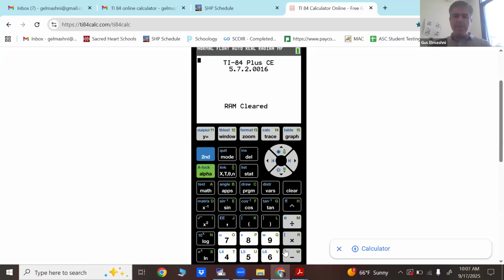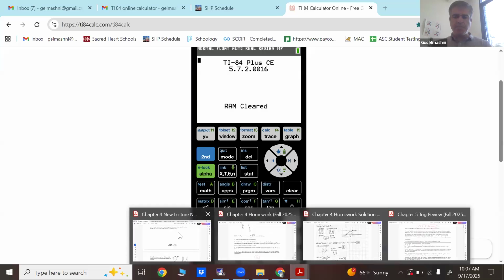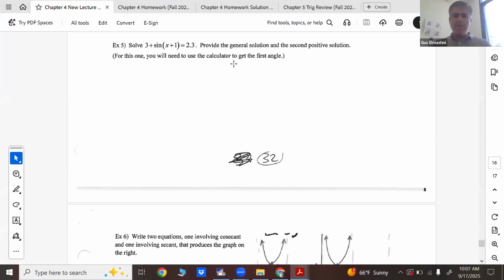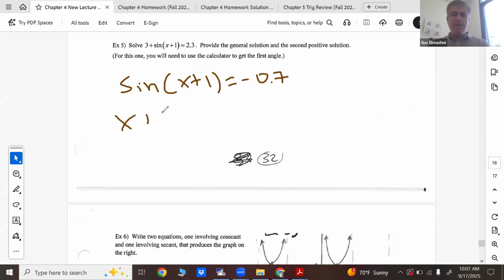Okay, so let's look at the problem first. The problem is asking to solve for x, of course. Find the general solution, the second positive solution. So this is a little funny. Sine of x plus 1 equals -0.7. So x plus 1 will be the inverse sine.